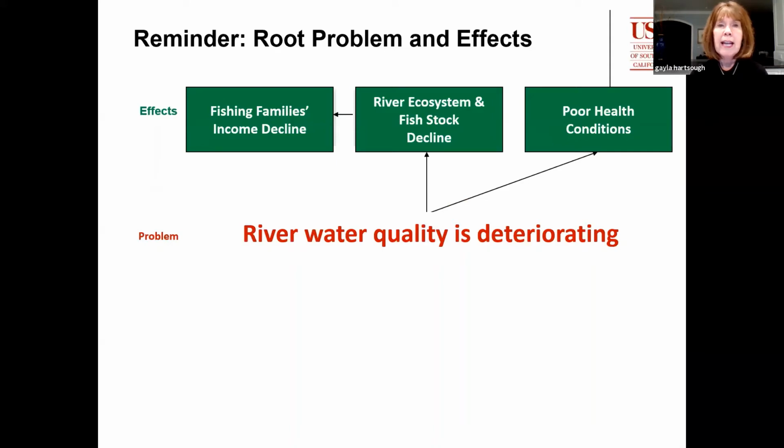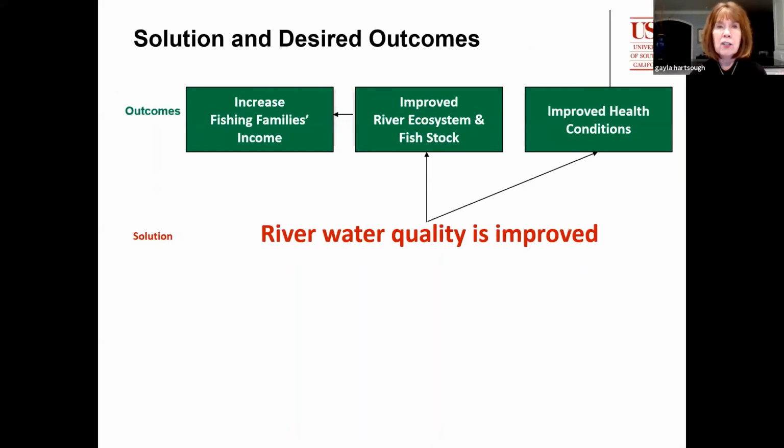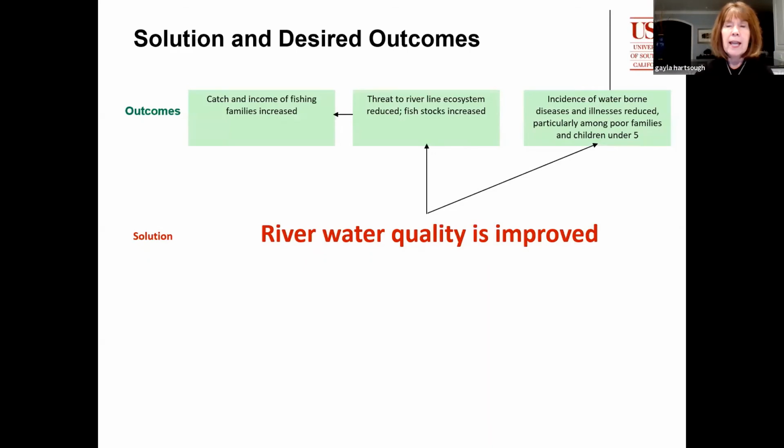Just as we had identified the effects of deteriorating water, we can take these effects and we can change them into our desired outcomes. Our desired outcomes is that fishing family incomes increase, the river ecosystem and fish stock is improved, and health conditions also are improved. And you can put the detailed phrases to describe these.